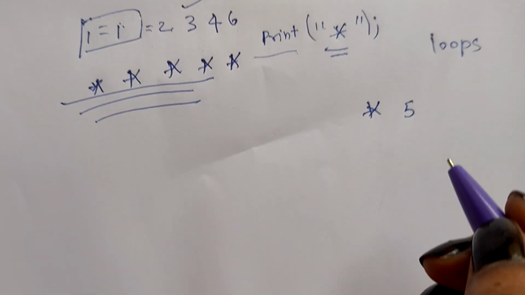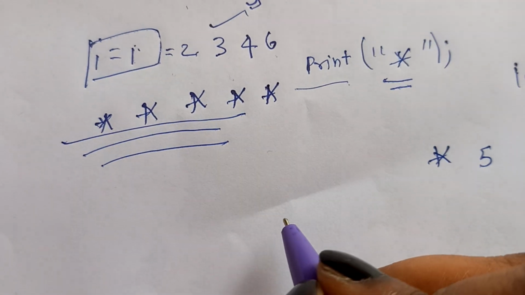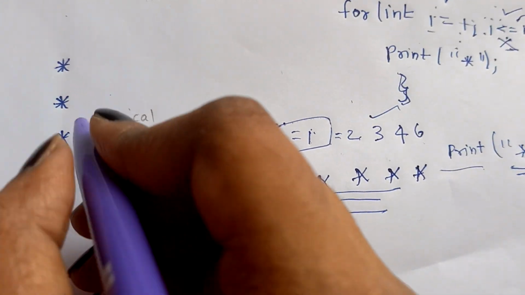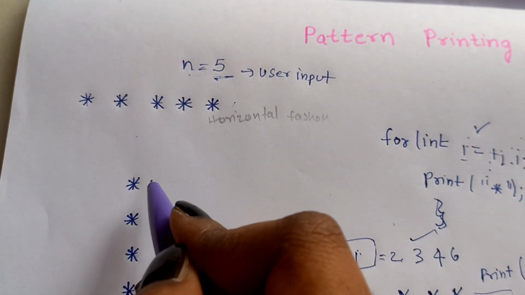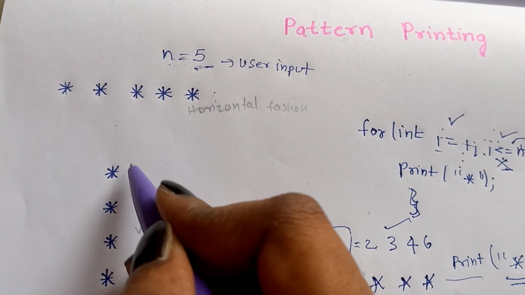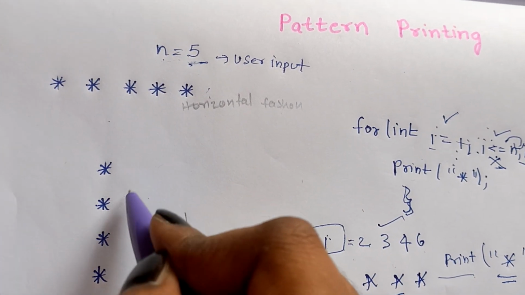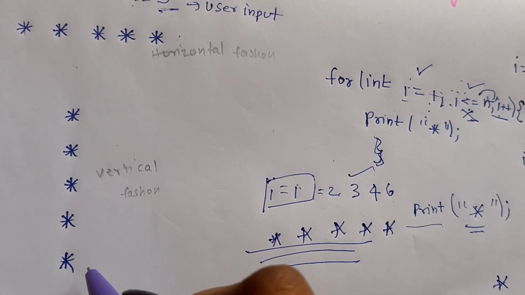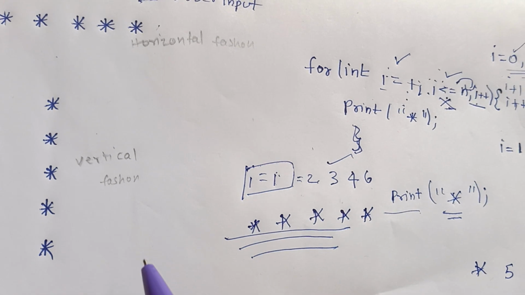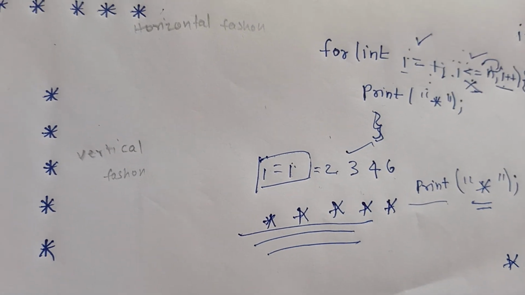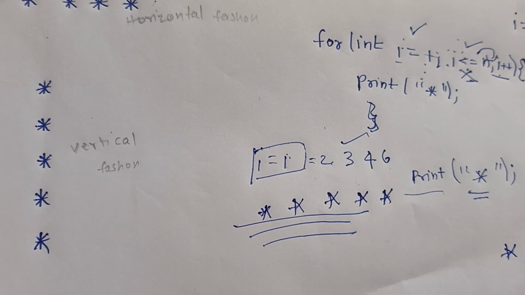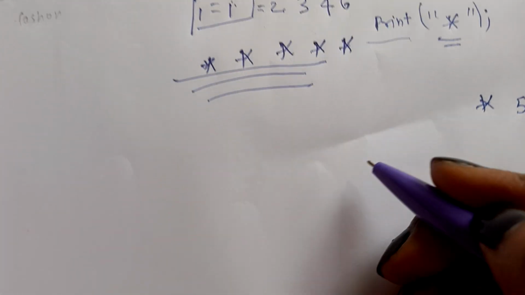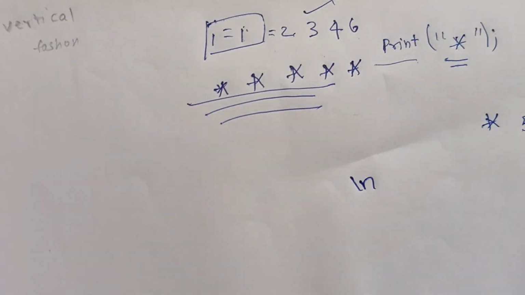Now let's see how to print this in vertical fashion. What is vertical fashion? It is printing the same in the downward direction, going to the next line. Going to the next line, mostly programming languages use /n.